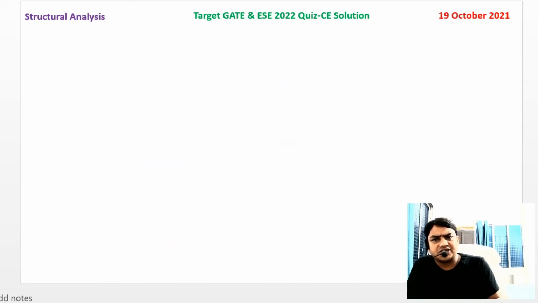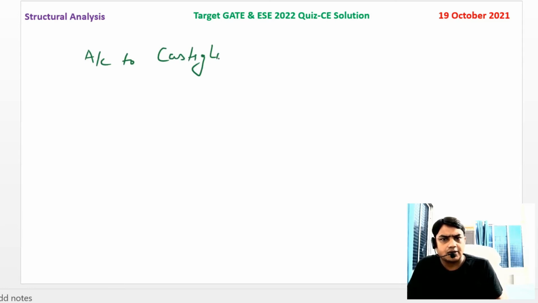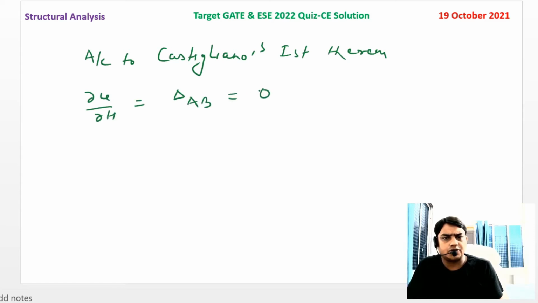So the strain energy can be written, and according to Castigliano's first theorem, del U by del H, the displacement at AB, should be equal to 0.